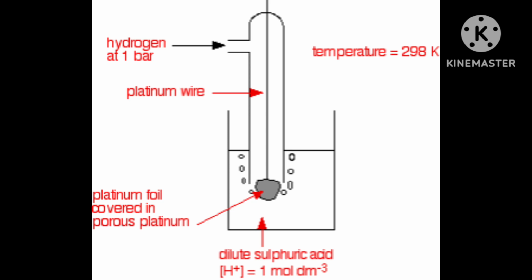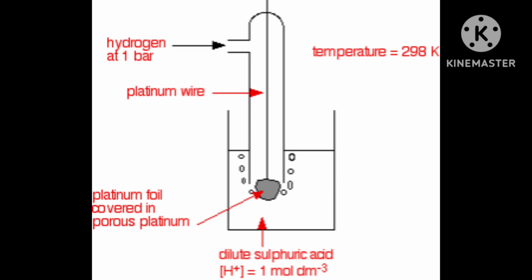One is anode, the other is cathode. Now you have joined both. Any one you can consider as anode; for SHE, because it is 0, you can consider anode, or any, that is not a problem. You have made a cell.